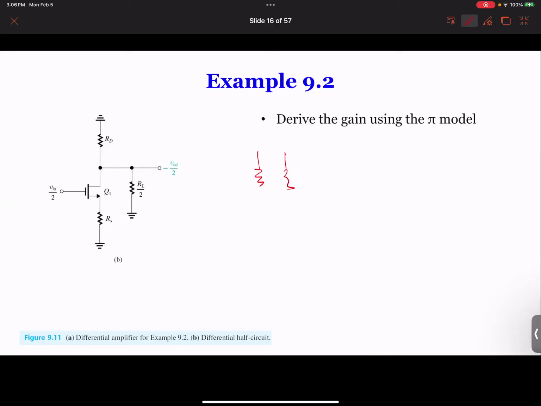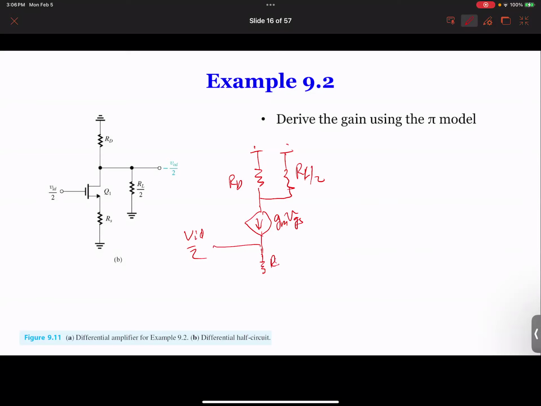So that will make you understand better. So this is GM times VGS. And here is VID over 2. And here is R, what do we call this? Yeah.